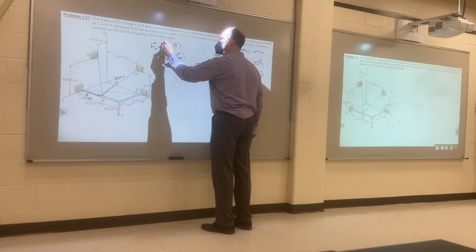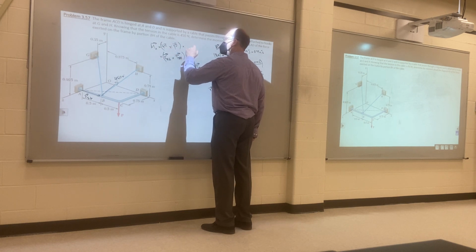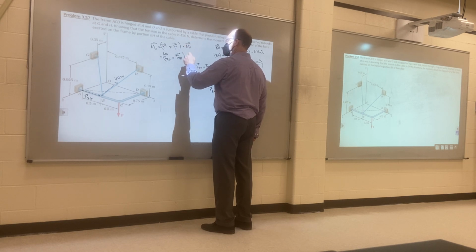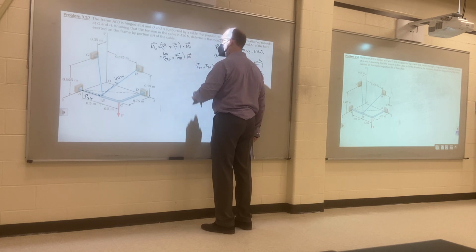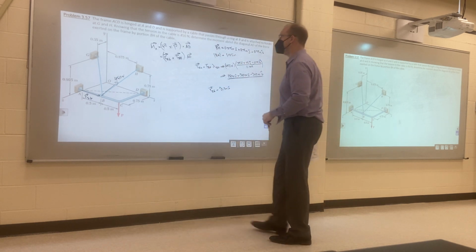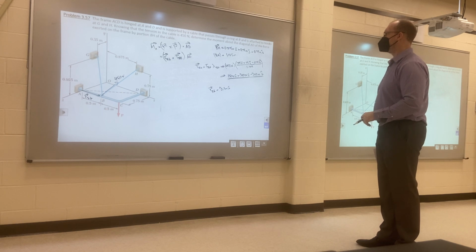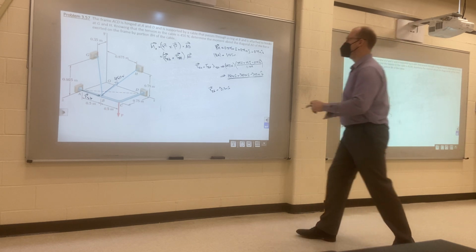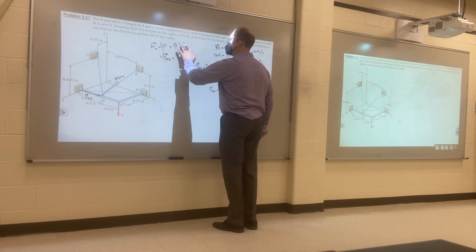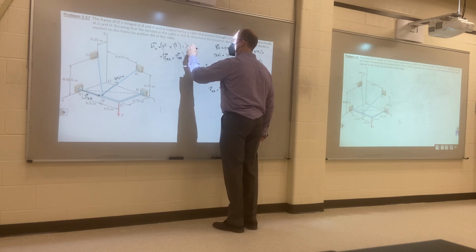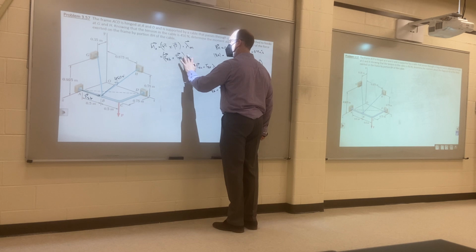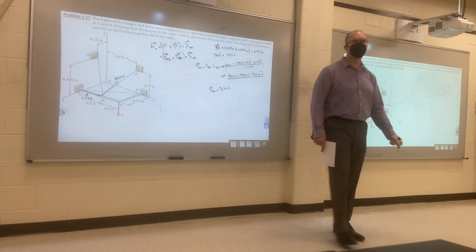To project this, I've got to dot this with the unit vector along AD. Actually I should not write it that way. The unit vector along AD. That's that, right?